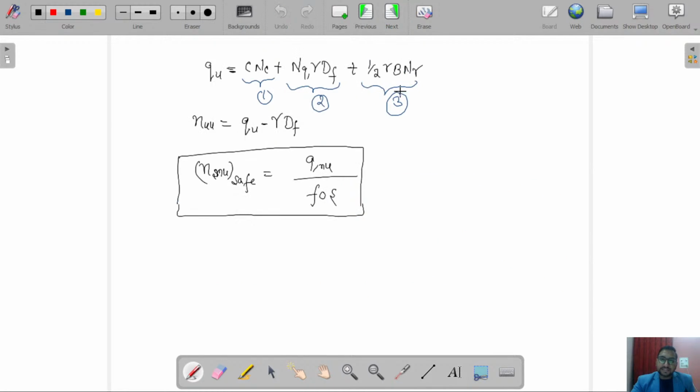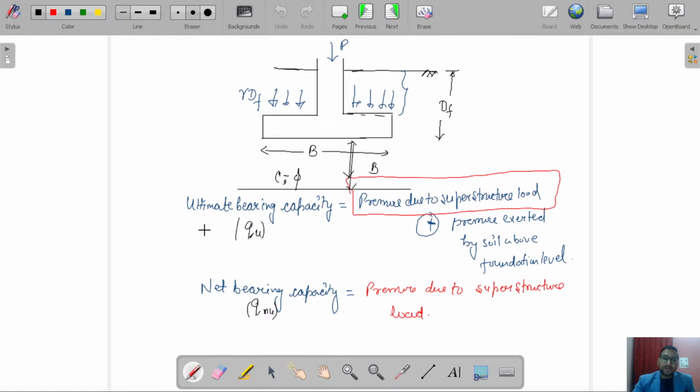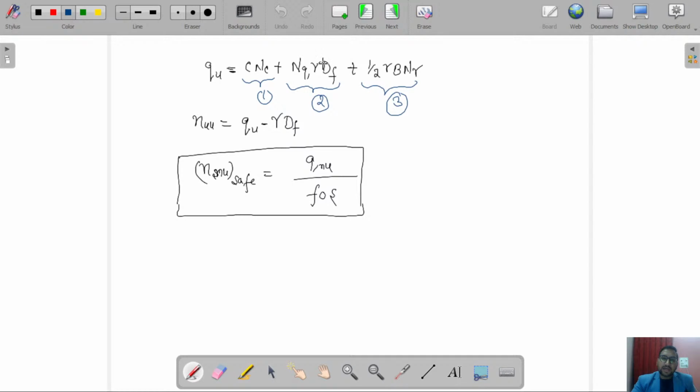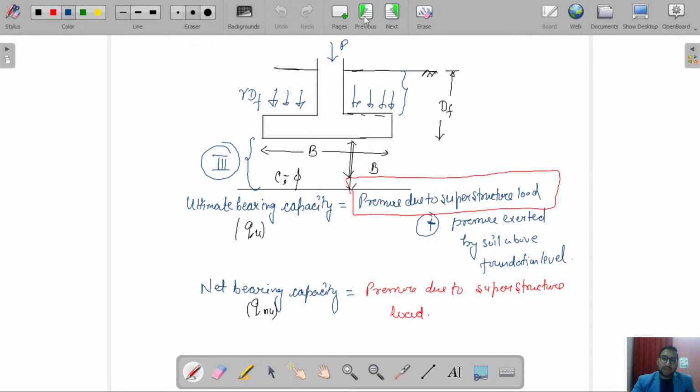So if I am writing this gamma into B, this term is for the region, suppose the third zone. This term gamma into Df means the pressure which is exerted by this part.